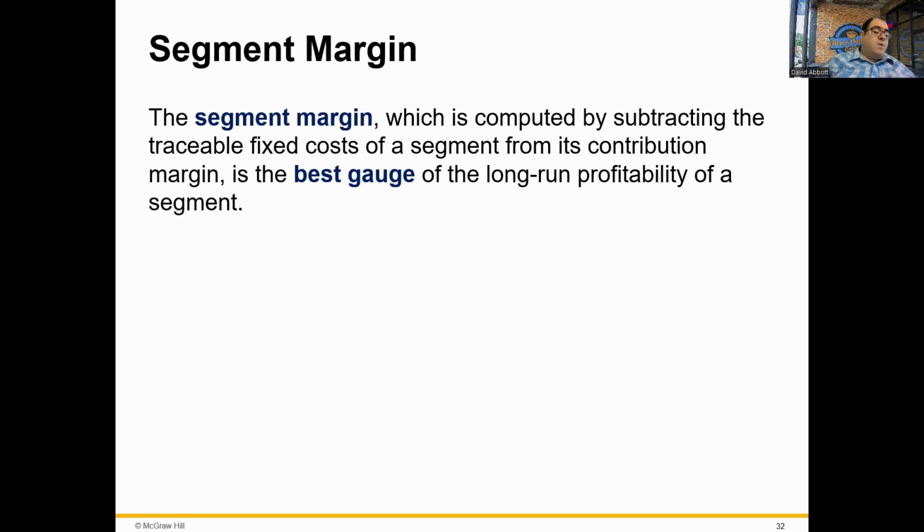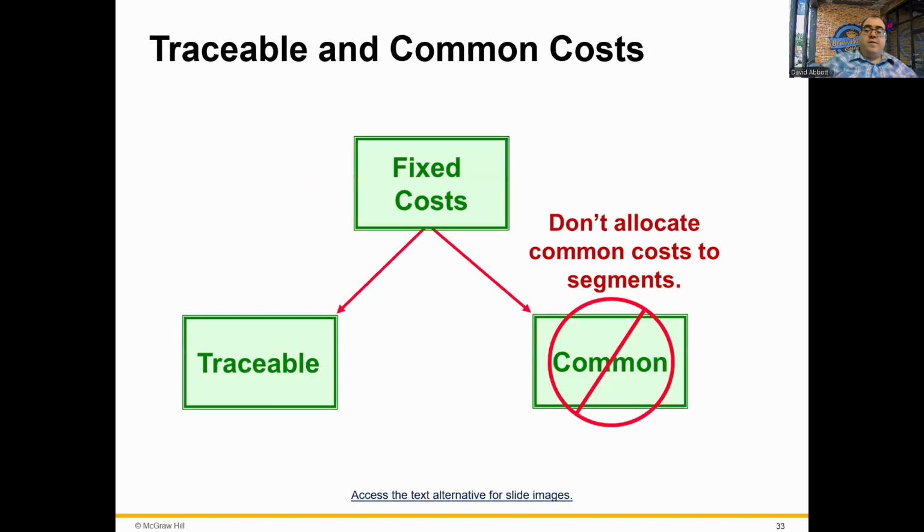Okay, so a segment margin is computed by subtracting the traceable fixed costs in a segment from its contribution margin. The segment margin is a valuable tool for assessing the long-term profitability of a segment.